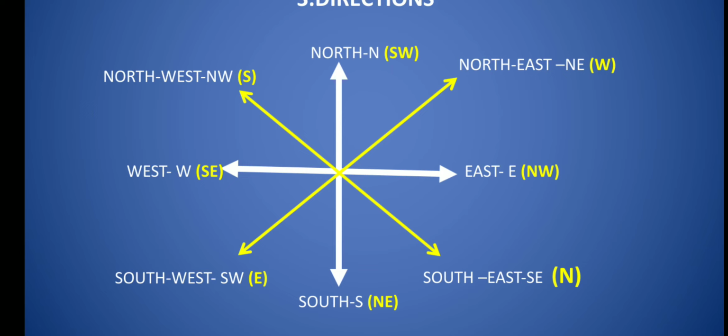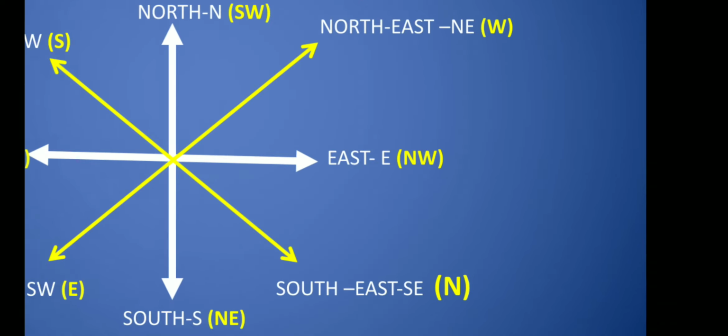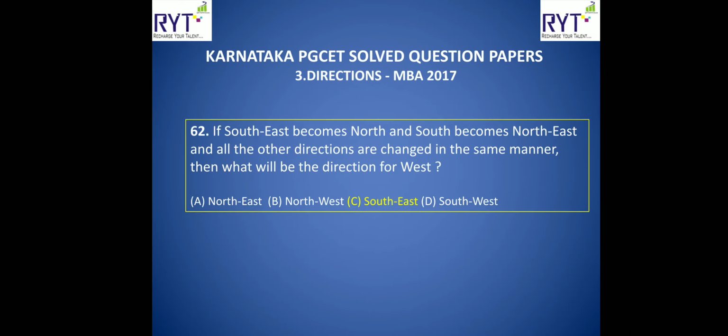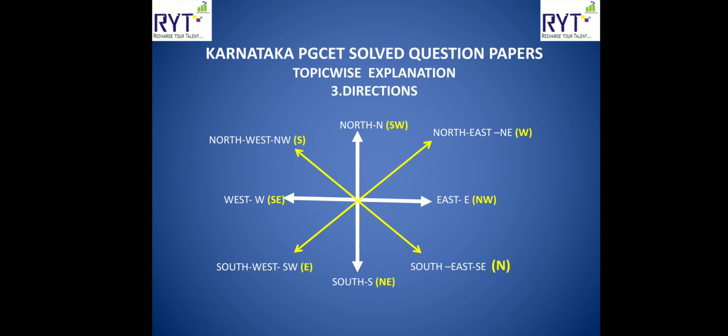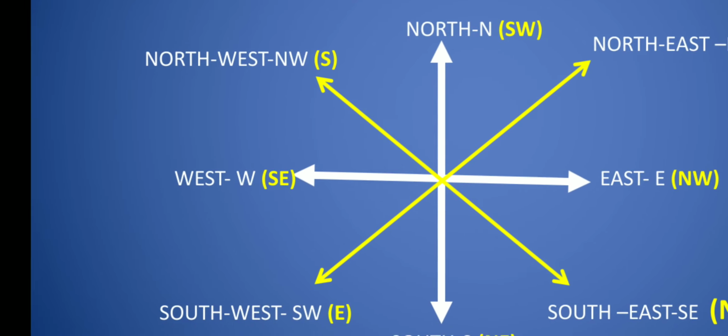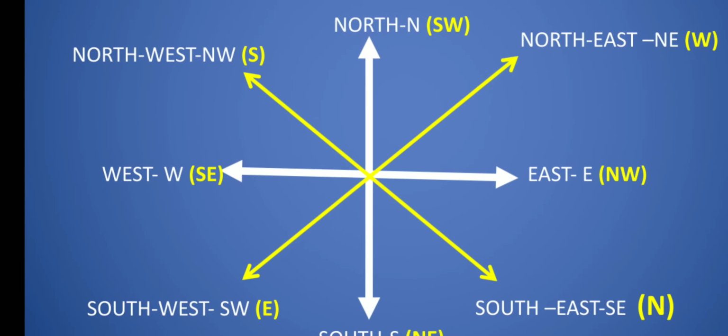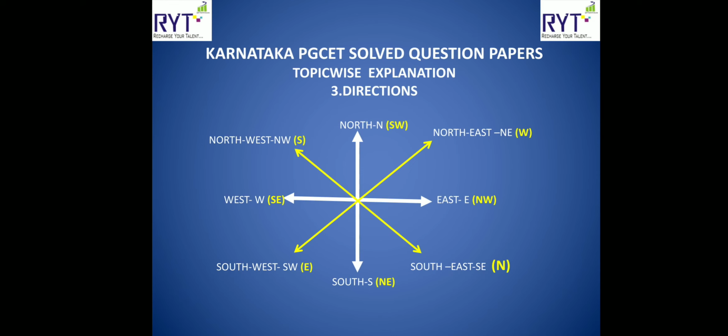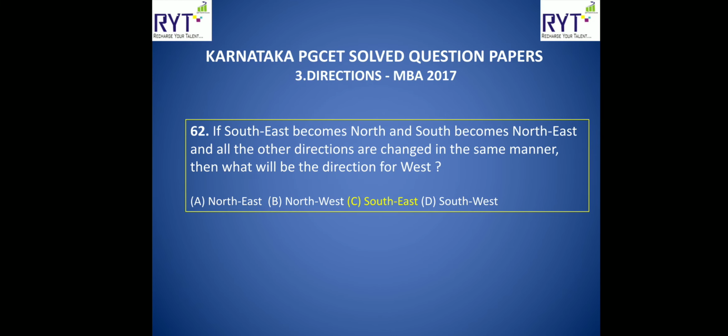So between south and east, this will be southeast, between south and west this will be southwest, between north and west it will be northwest. Now the question is, what will be the direction for west? Observe, west becomes southeast, so the answer is option C.